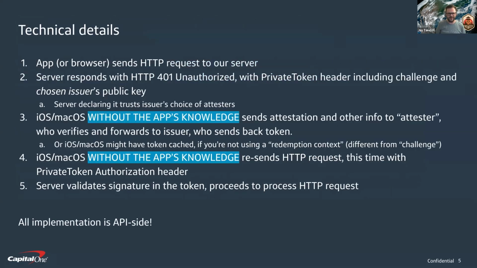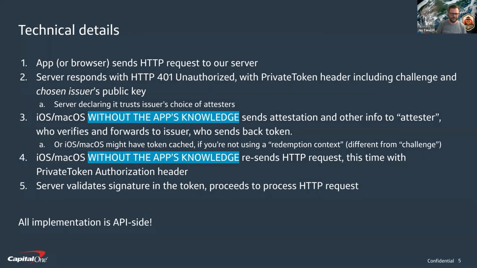What's kind of weird, and this is where I really started scratching my head, is the way this is implemented. It's kind of cool, but also a little weird. So the app or the browser sends some kind of HTTP request to the server. The server responds with a HTTP 401 unauthorized with a special header saying that, hey, I want proof that you're real.